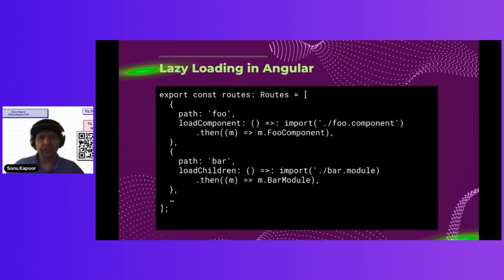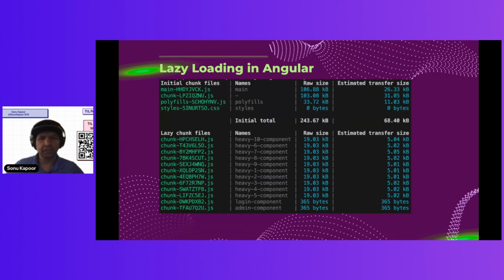So to lazy load standalone components, for example, all we have to do is change our routing configuration to use loadComponent. If you're still using modules, you can use the loadChildren callback instead. And this is how it would look. Now, if I add the same amount of components that I showed you in my previous example and lazy load them and build the application, then this is what we end up with.